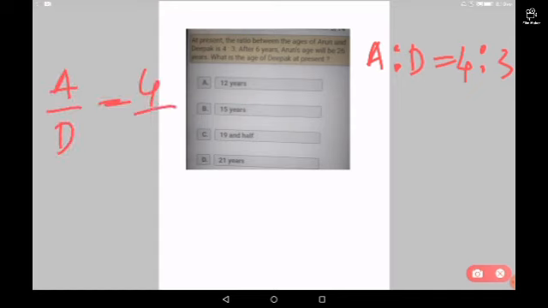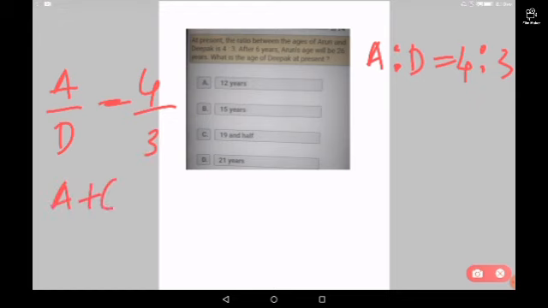This is the last question of our session, and it is from arithmetic aptitude. At present, the ratio between ages of Arun and Deepak is 4:3. After 6 years, Arun's age will be 26. Then what is the age of Deepak at present? So we can write like this: A by D is equal to 4 by 3.